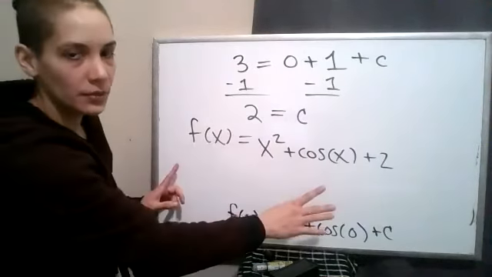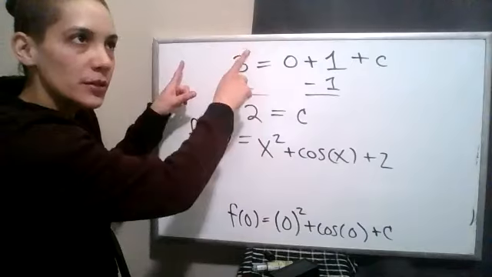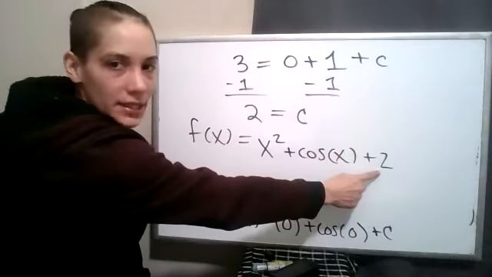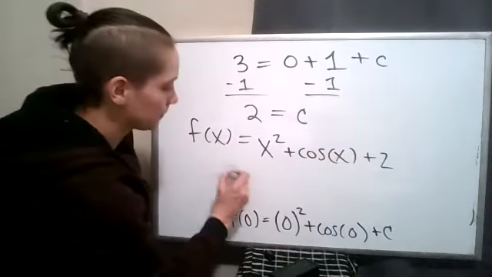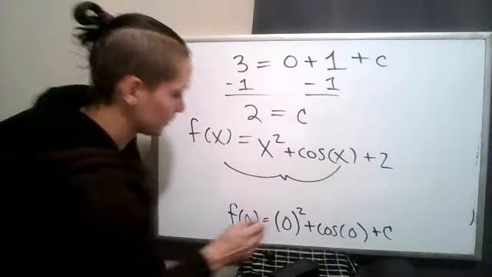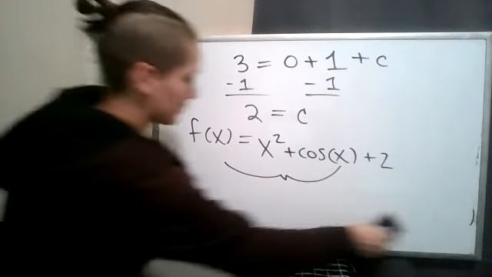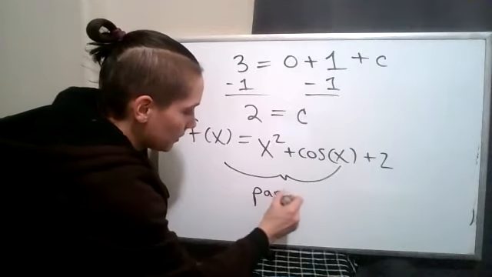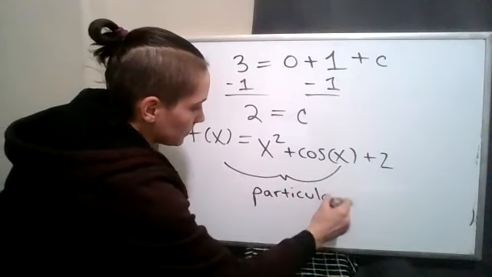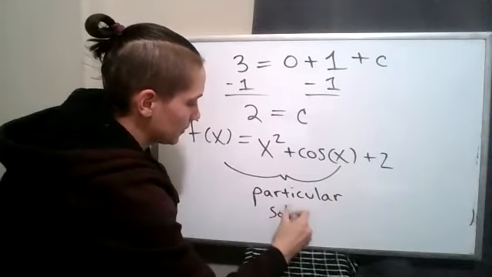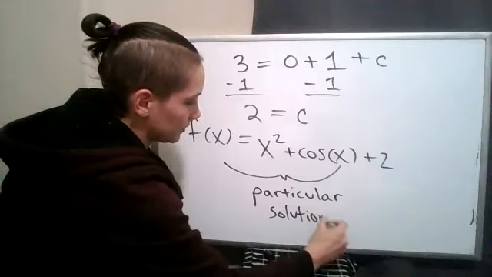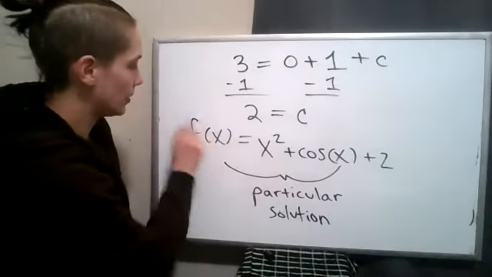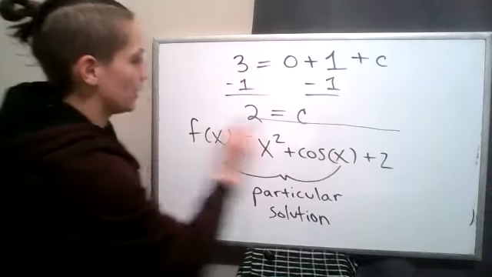What we've done is, we had the general solution with plus c. This is a particular solution when you have found c. Also, let's just show that this is my answer, and I like to put a square.